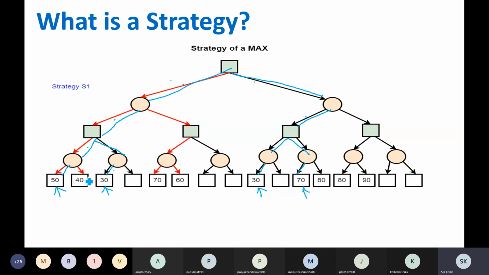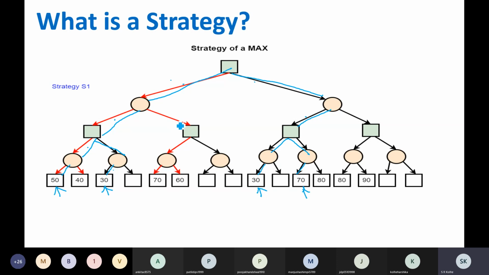Another possibility is this 40, and you can have this node also. Here we don't have a value, but this node and this right one and this 80. That is another possibility, so the algorithm may return this also. Not only that, you may ask why only this left part? Min can select this also. That is also possible.